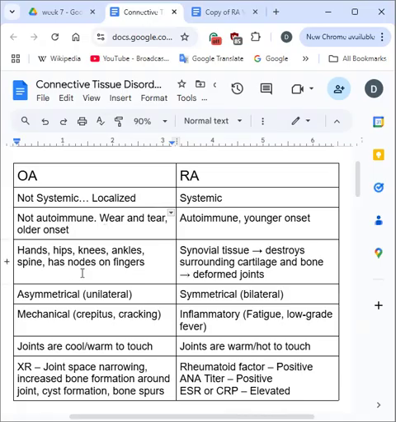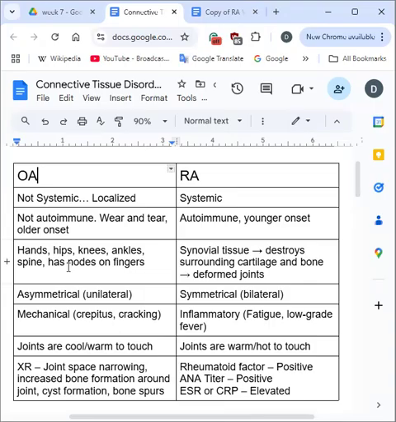Here, in terms of some of the pathophysiology and where it shows up, people with OA are going to have it on weight-bearing joints. A lot of times the knees and hips are very popular, but it can also be in the hands, ankles, spine.